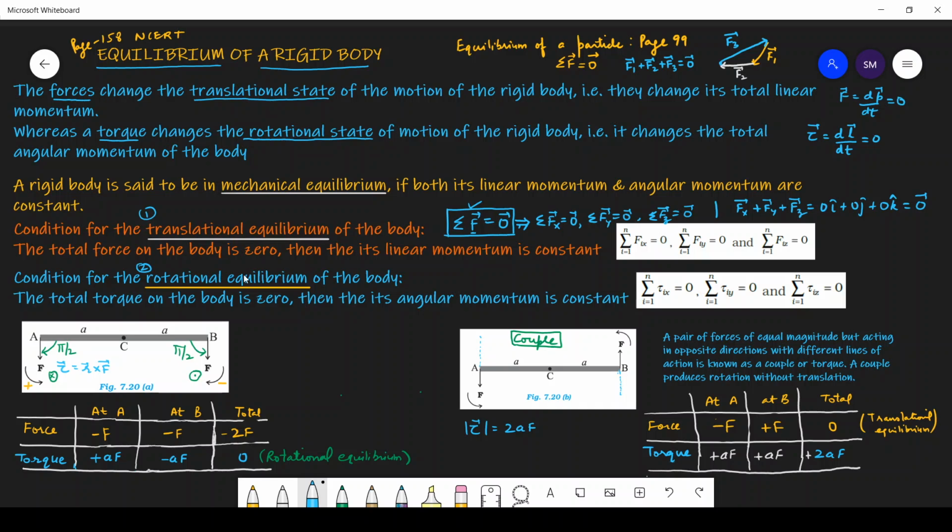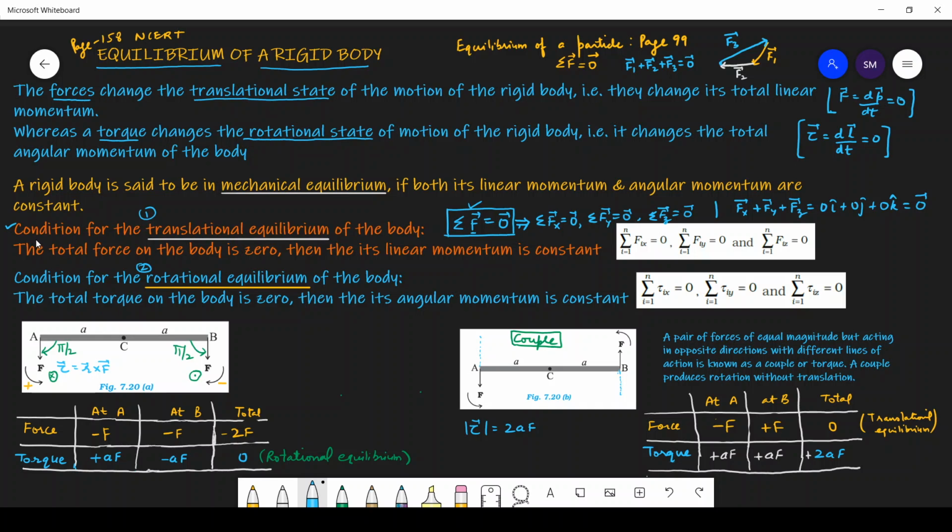So this is the condition for translational equilibrium, and this is the condition for rotational equilibrium. Here linear momentum is conserved in case of translational equilibrium. Here angular momentum is conserved. Angular momentum is constant.